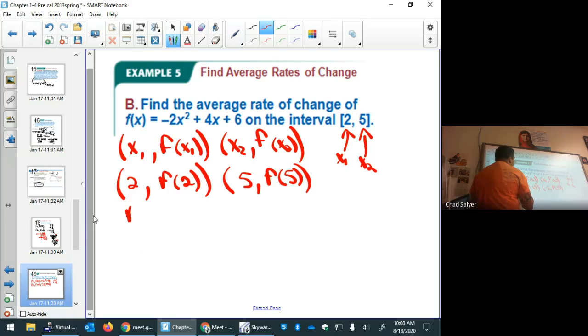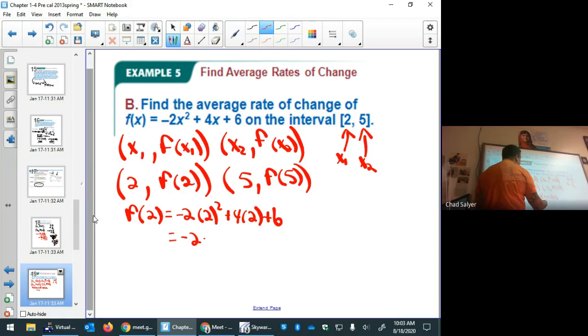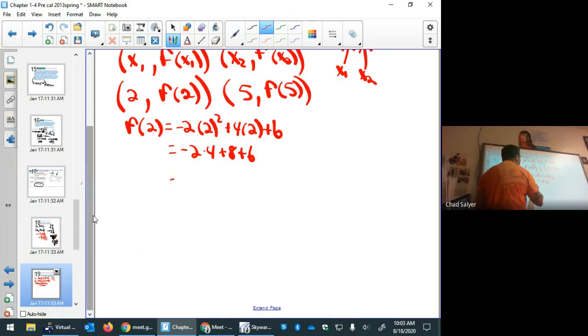And here I have f of 2 is going to equal negative 2, the same function, times 2 squared plus 4 times 2 plus 6. So that's negative 2 times 4 plus 8 plus 6. So that's negative 8 plus 6, or just 6.